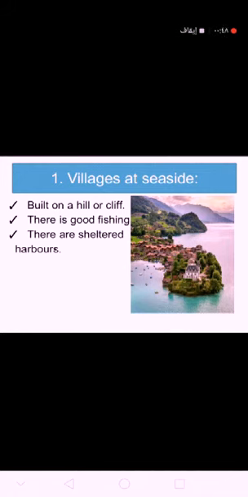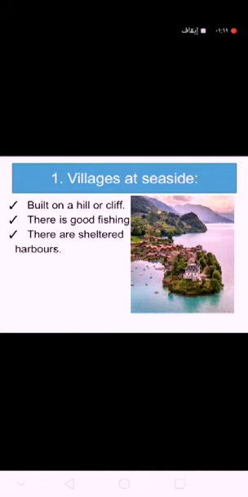People build their houses on hill or cliff, and they prefer this place because it's close to the seaside, so they can fish. The place is good for fishing. And the second reason why people like this place is because there are sheltered harbors.